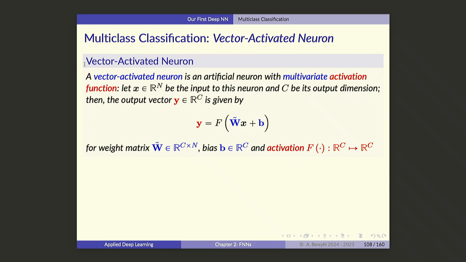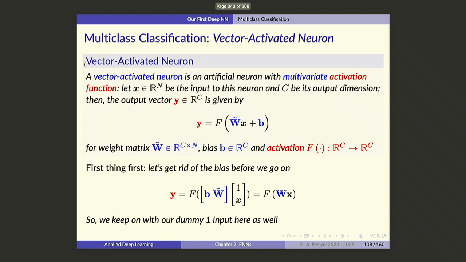Right? Okay, so before I go on with this, let me do the first thing that I like. I'm going to just get rid of this bias. I don't want the bias. I put it as the first column in this matrix, and then I put 1 here. Then this expression here is going to be exactly this inner product, this product of this matrix and this vector. So I'm going to call this W as before, right?